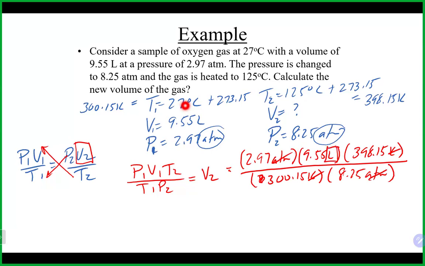Leaves us just liters left over, which is good since we're looking for a volume in this case. 2.97 times 9.55 times 398.15 divided by 300.15 and 8.25 there is going to get us 4.56 liters as our volume. Any question on that one there?